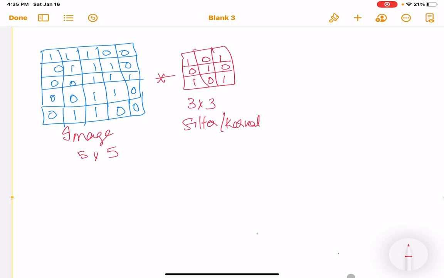For this, since it is a 3x3 kernel, I will choose a 3x3 window on my image and perform my convolution operation.